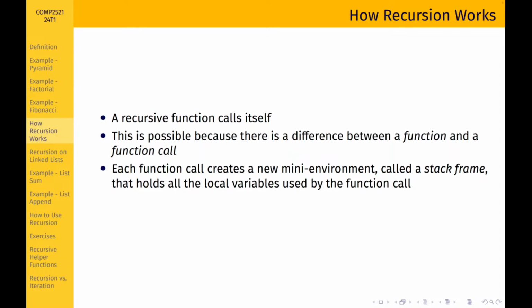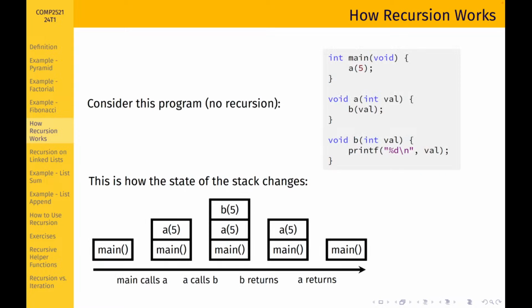To demonstrate that, here are some example programs. Here's a program where there is no recursion, just to introduce the idea of a stack frame. The main program is the first function that's going to be called. When the program starts, there's going to be a stack frame for main on the stack.